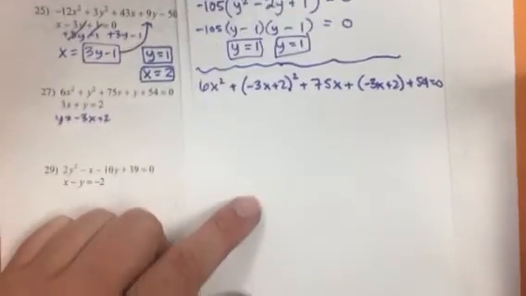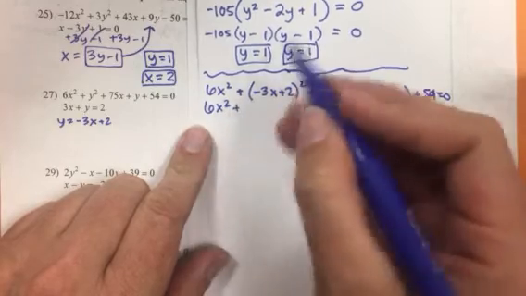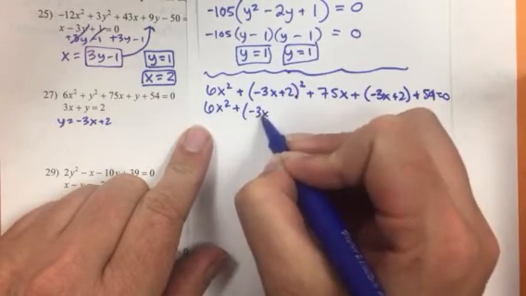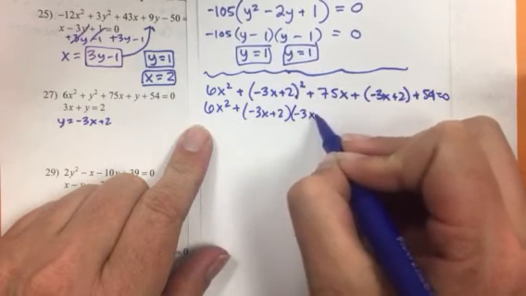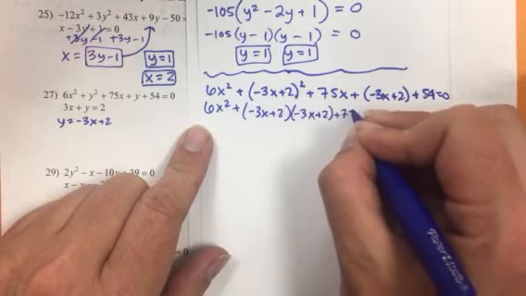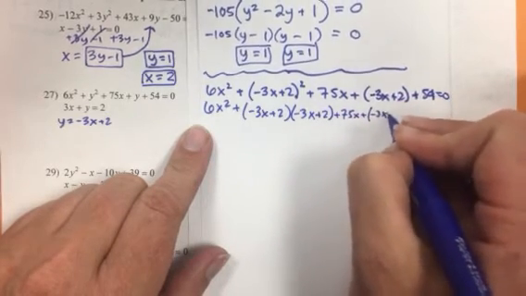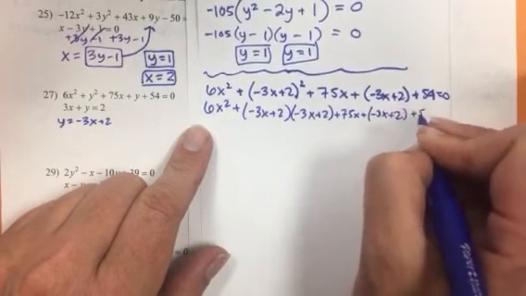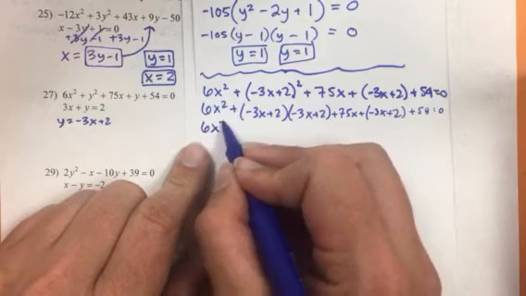Cool, now I just simplify. 6x squared plus negative 3x plus 2. Because it's squared, I have to write it twice. Plus 75x plus negative 3x plus 2 plus 54 equals 0. 6x squared.